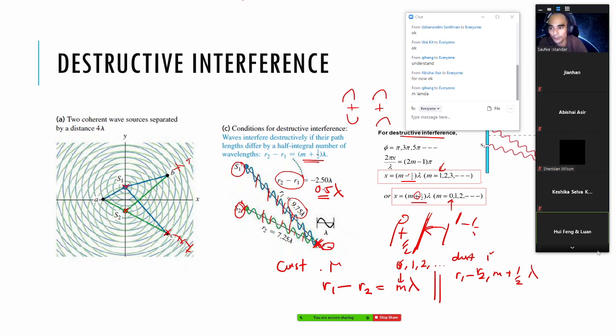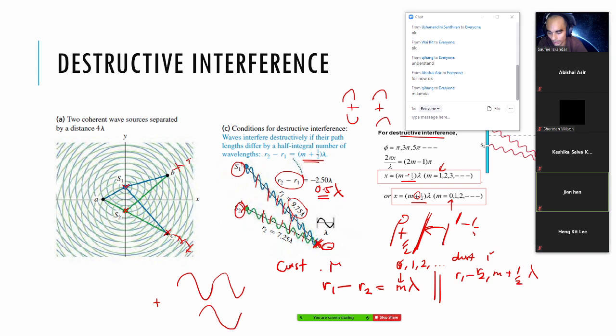Let's say we have a wave here, and another one that goes up and down and up again.